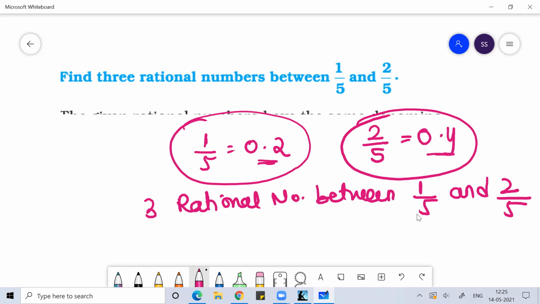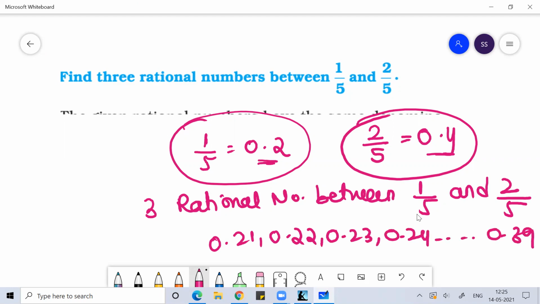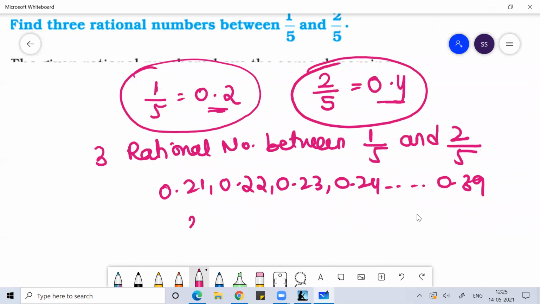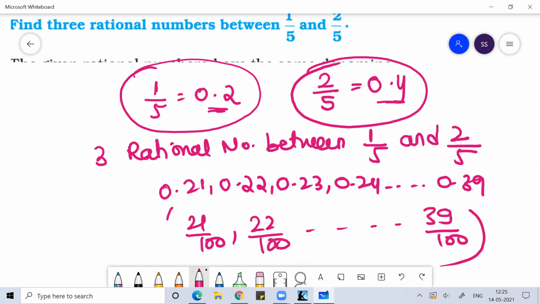I can write any rational number: 0.21, 0.22, 0.23, 0.24, like this till 0.39. I can write any three. 0.21 is 21 by 100 and 0.22 is 22 by 100. Ultimately they are between 1 by 5 and 2 by 5. Any doubt?